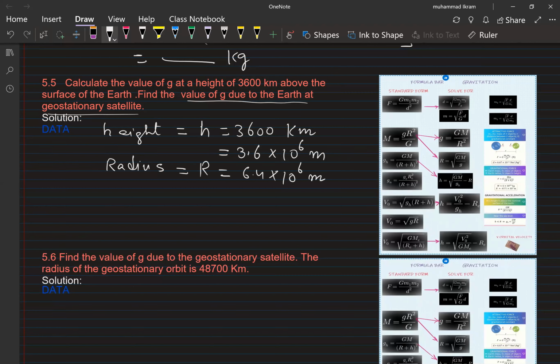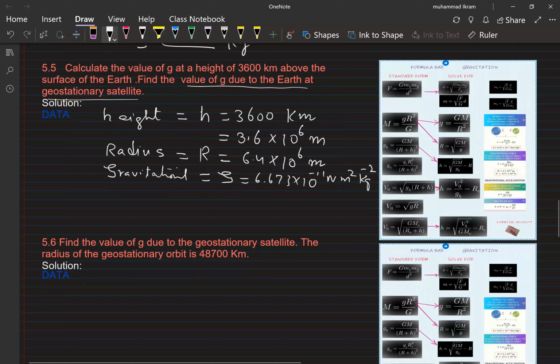The gravitational constant is also not given, but if it is needed in our calculation, the gravitational constant G is 6.673 into 10 raised to the power minus 11 Newton meter square per kg square. So the gravitational constant is this one.